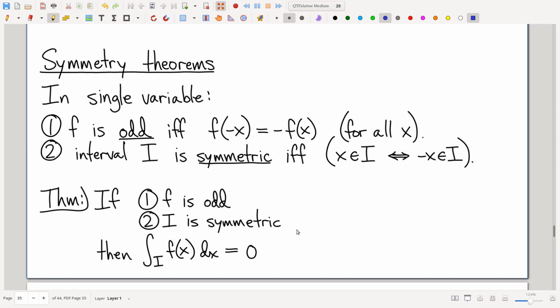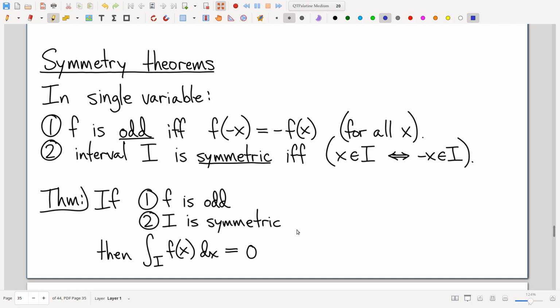We do not have loads and loads of time. I don't know if y'all have been paying attention to the class schedule. We're a little behind. So I'm in tough choices mode, and I'm going to give the quick, intuitively satisfying, good enough, more than most 219 instructors give version of these symmetry theorems.